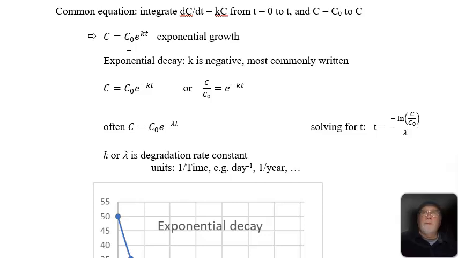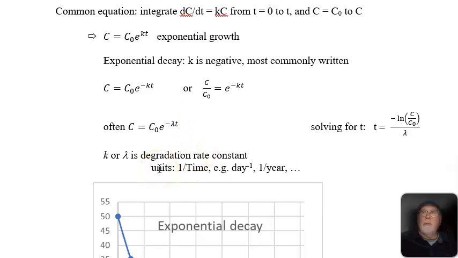Most of the time, well, all the time in this class, but most of the time in our applications, we're talking about exponential decay. So the concentration is going down with time. So we get C equals C0 e to the minus kt. So we can say we have a negative k, but we usually write it like that with the negative in there. Or we could say C equals C0 e to the lambda t.